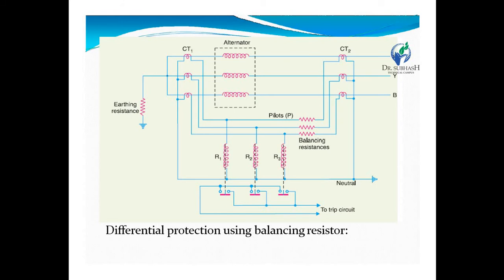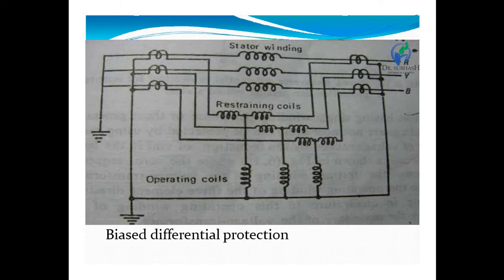So balancing resistors are there. Now this is a biased differential protection, where percentage differential is set up in restraining coil and operating coils, and some level of percentage is defined for the operation.